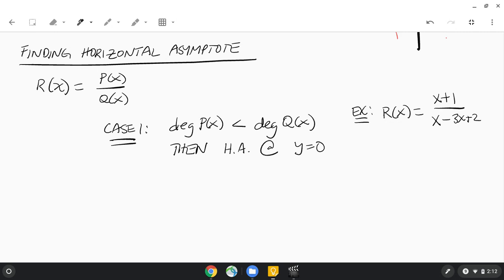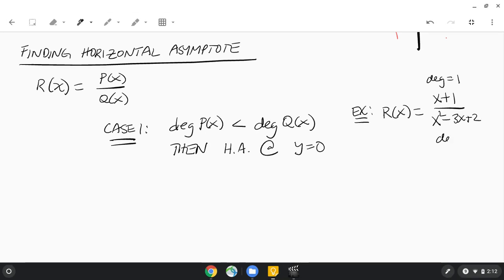All right, so that's also squared. If you have this, again, the degree on top is smaller than the degree on the bottom. Here, the degree on top is 1.